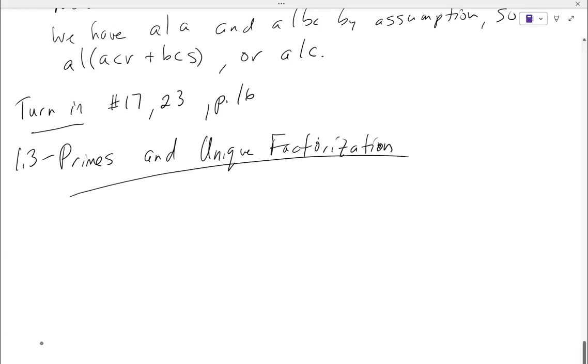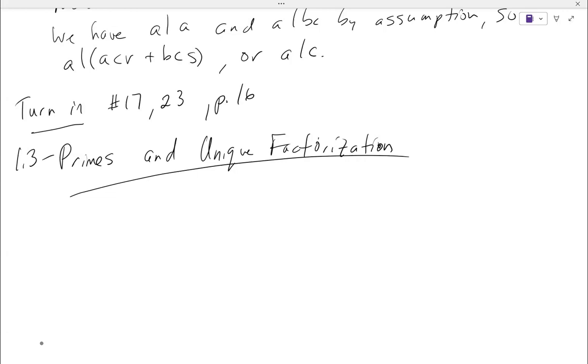I already alluded to primes. So let's do a little bit of stuff with primes. There's other structures in which there are primes. We're going to be talking about primes as far as integers go. But in order to be a prime, you need to make sure that you don't have anything that divides the number besides the units, right?